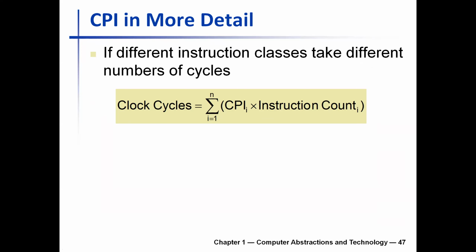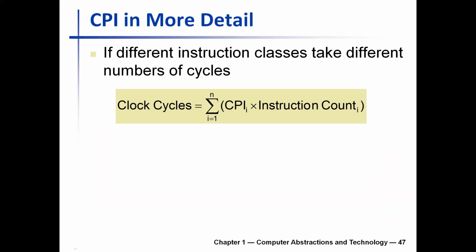I told you that different types of instructions are going to consume different numbers of clock cycles inside the CPU. Based on that, we can define classes of instructions, categories of instructions.